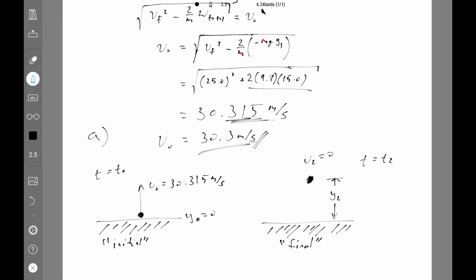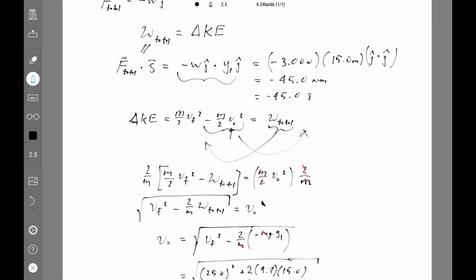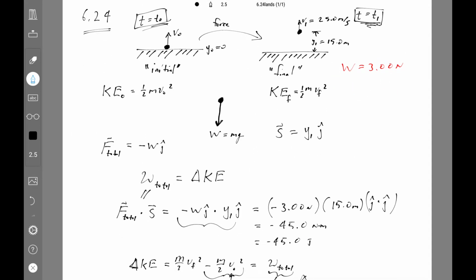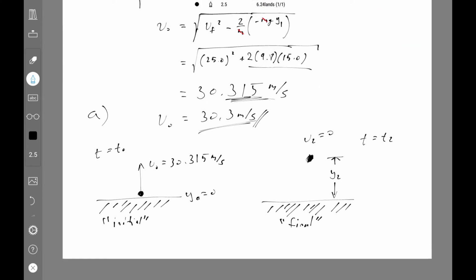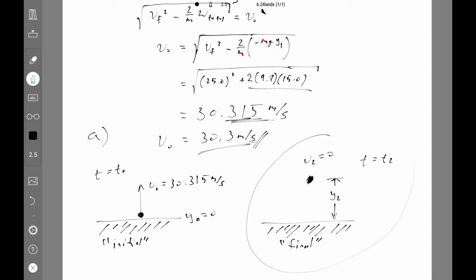But instead of this initial state, I could have used the intermediate state, the state of the system at time t1, and then calculated the work gravity did to get this system to go from this state to the t2 state.